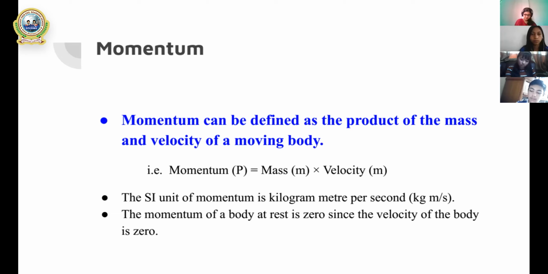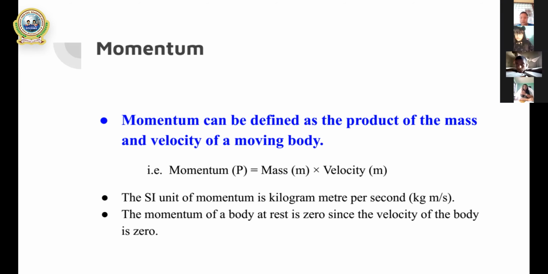And let me tell you students, we always define momentum only when a body is in motion. Momentum can be measured, quantified and explained when the body is moving. So for a moving body, we can say whether it has more momentum or less momentum, or how much momentum.